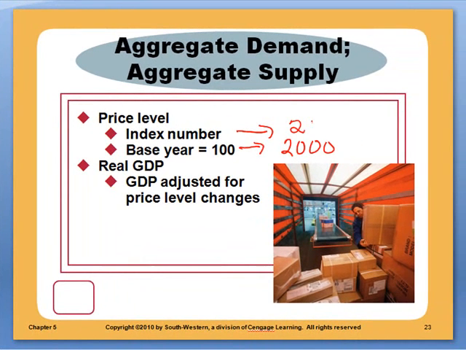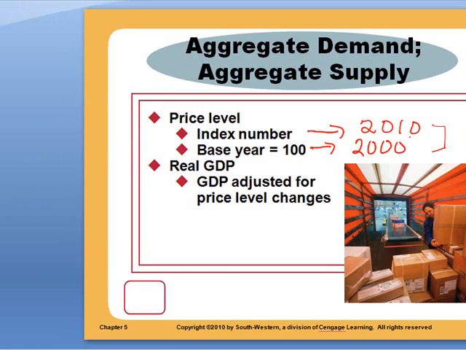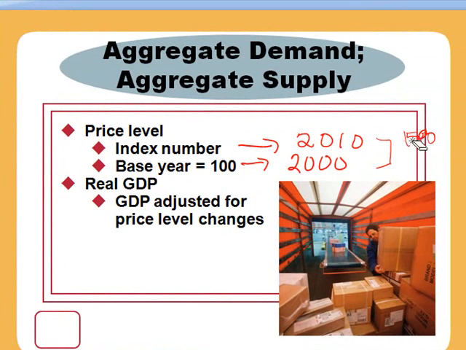So it's just a bundle of stuff that the average consumer might consume. And we're going to compare that to last year. So what notoriously happens is we usually see a little bit of inflation, meaning that these prices will rise over time.